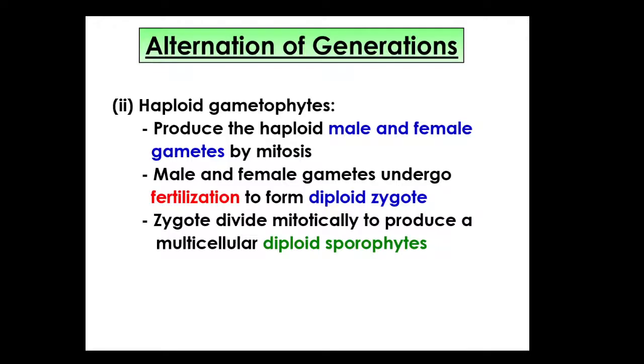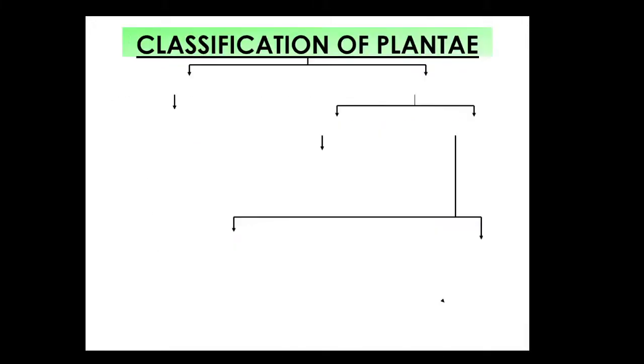When those haploid gametophytes grow, they will produce the haploid male and female gametes by mitosis. Male and female gametes are also called the sperm and the egg. Male and female gametes undergo fertilization to form a diploid zygote, and that diploid zygote will divide mitotically to produce a multicellular diploid sporophyte. So that is about the alternation of generations, which is something quite unique to plants.